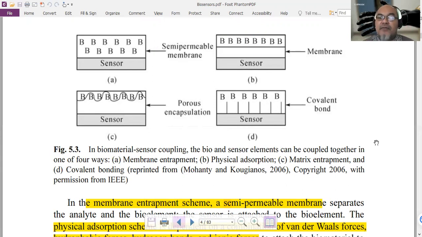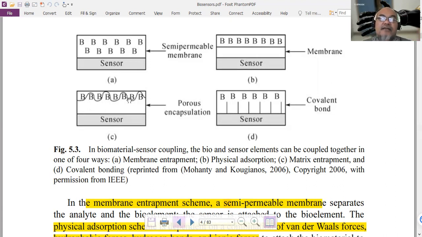That is why with covalent bonding, while it can provide almost perfect interaction between the biomolecule and the analyte, it requires this special chemistry, multiple steps, so it is a bit tedious and of course costly because you require additional chemistry. And we have other methods which are less costly, like using porous encapsulation or a matrix, like a hydrogel, as well as other materials where the biomolecules can find their way or can be stuck in the porous structure of the matrix.